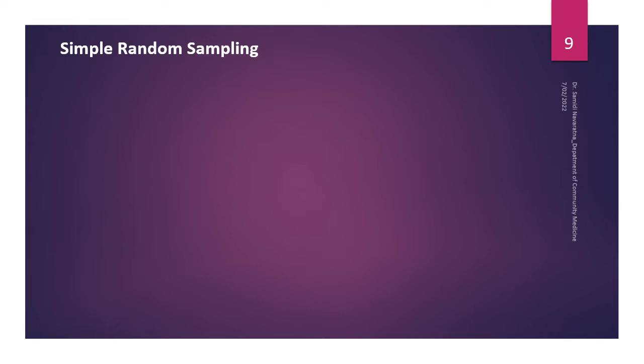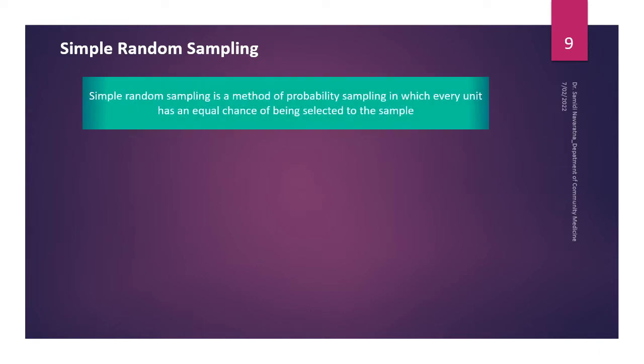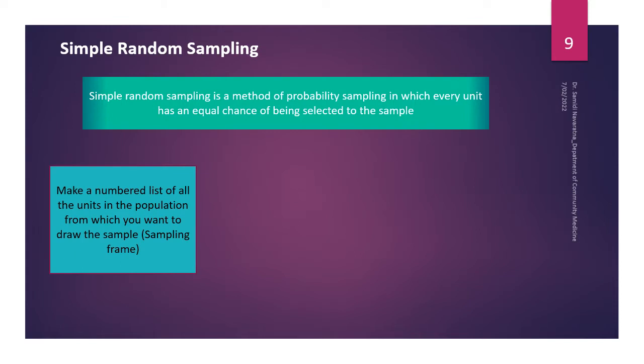Simple random sampling is a method of probability sampling in which every unit has an equal chance of being selected to the sample. So let's look at the steps. First, you need to make a numbered list of all the units in the population from which you want to draw a sample, and this is called a sampling frame.